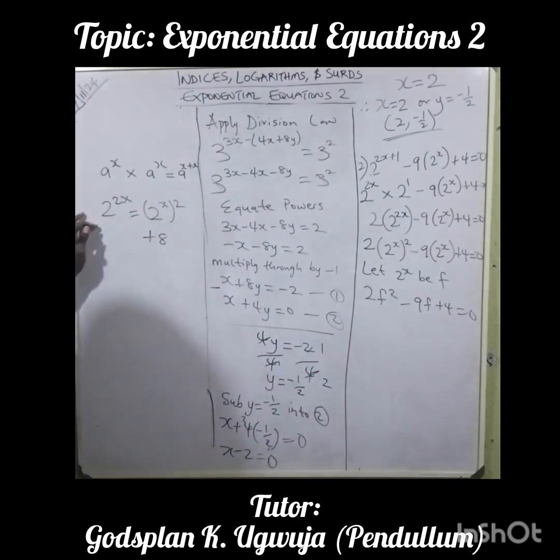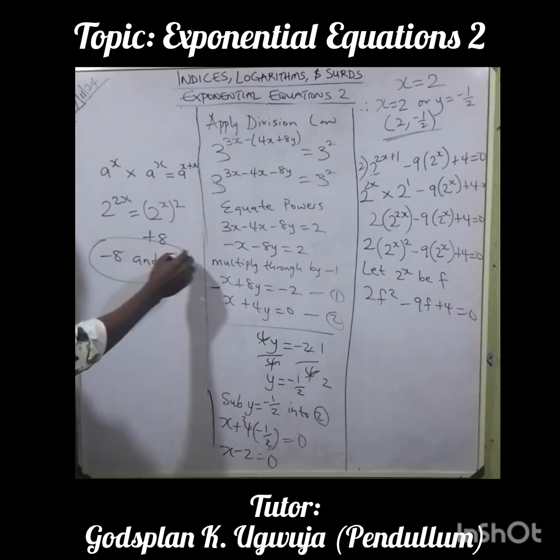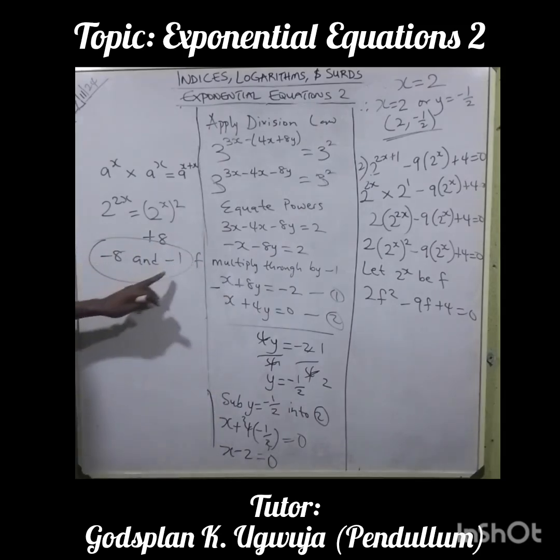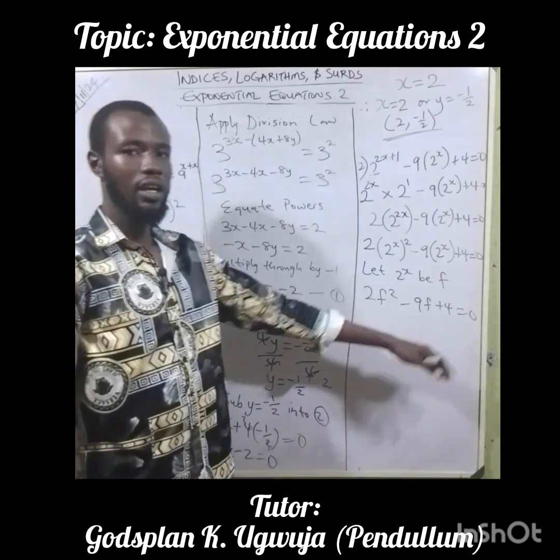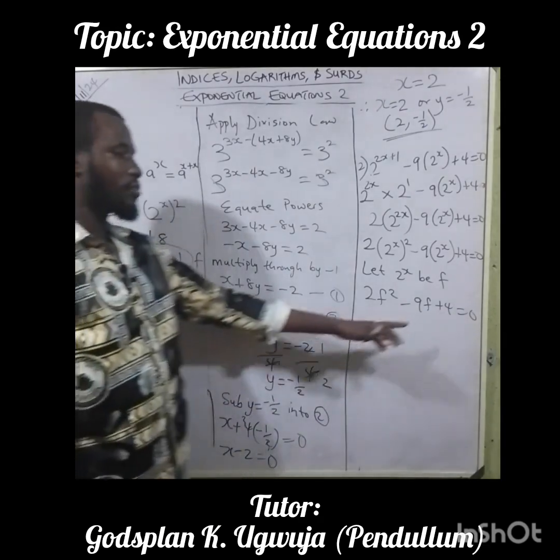And I think the answer is minus 1 and minus 8. These are our two factors. Because if you multiply these two, minus 8 times minus 1 will give you plus 8, which is what we got here. And then if you add them, minus 8 minus 1, you're going to get minus 9.